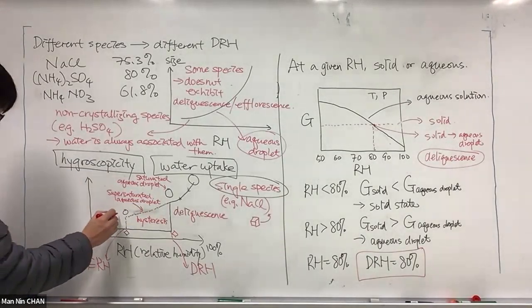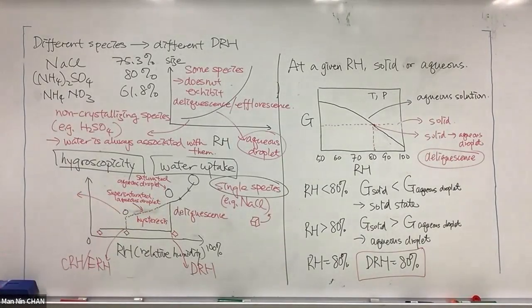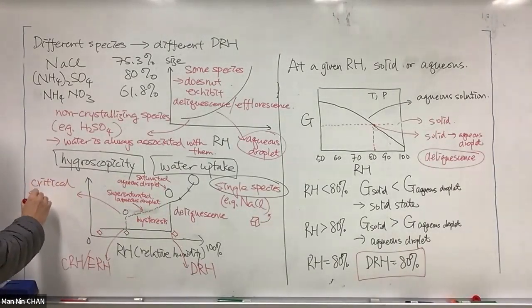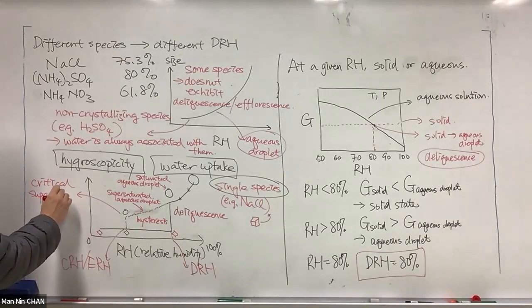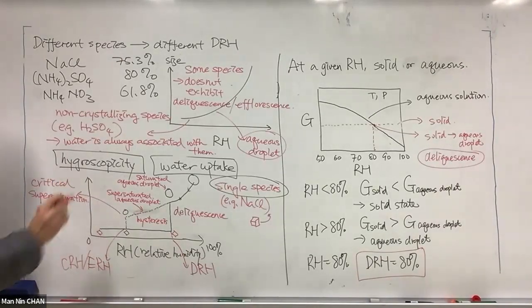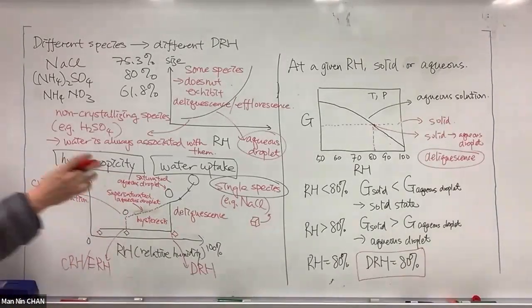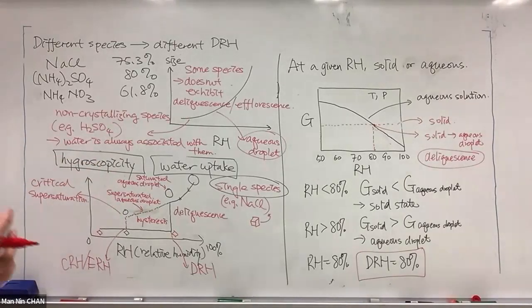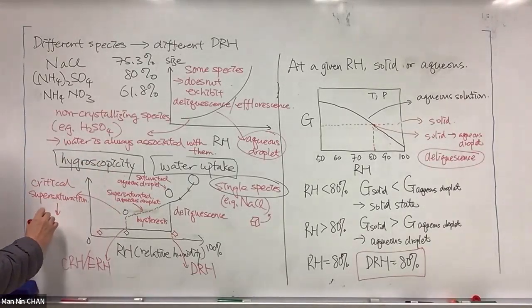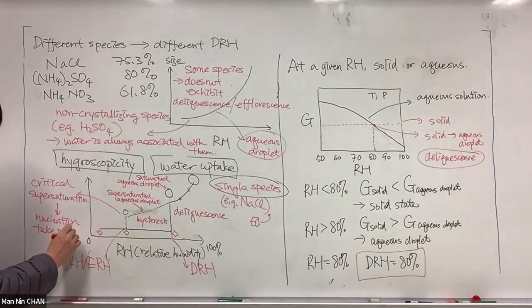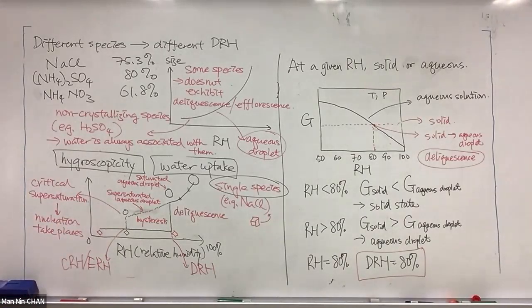Sometimes we call this point the critical supersaturation. In that case, if you remember, crystallization means that you have nucleation events happening, so nucleation can occur and crystallization happens. So you will have what is called efflorescence here.